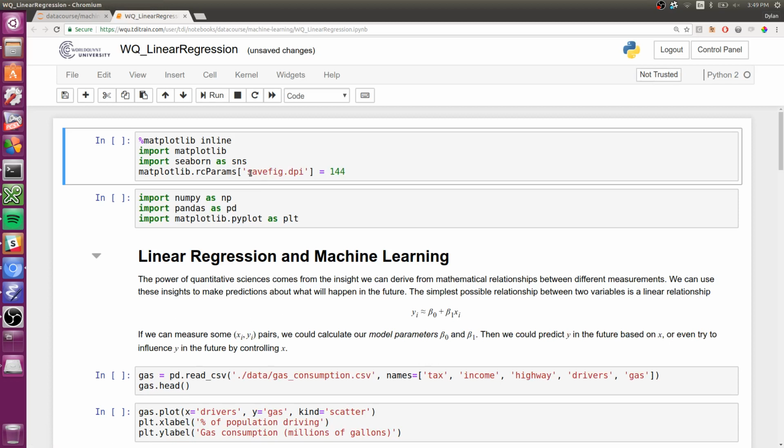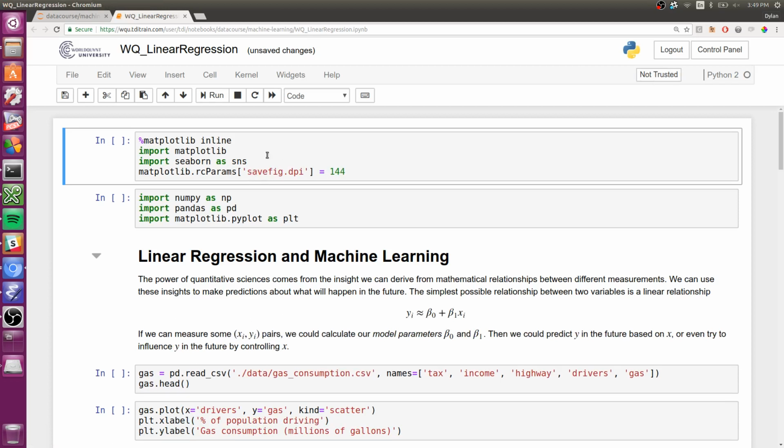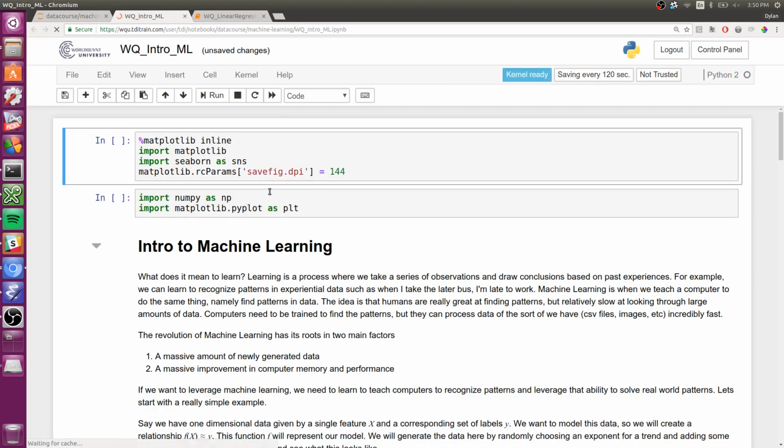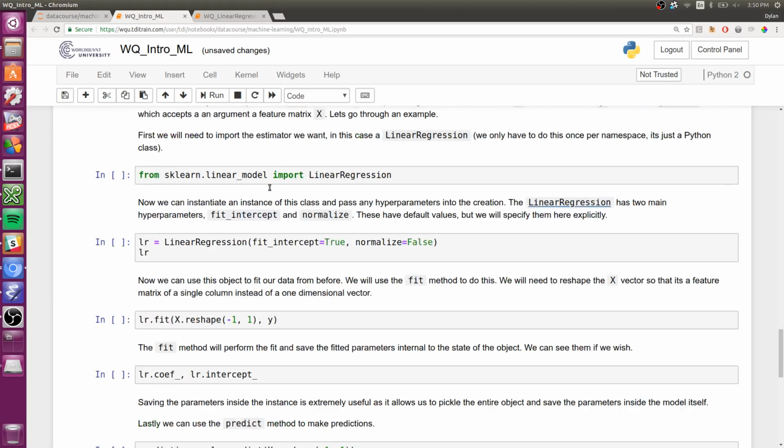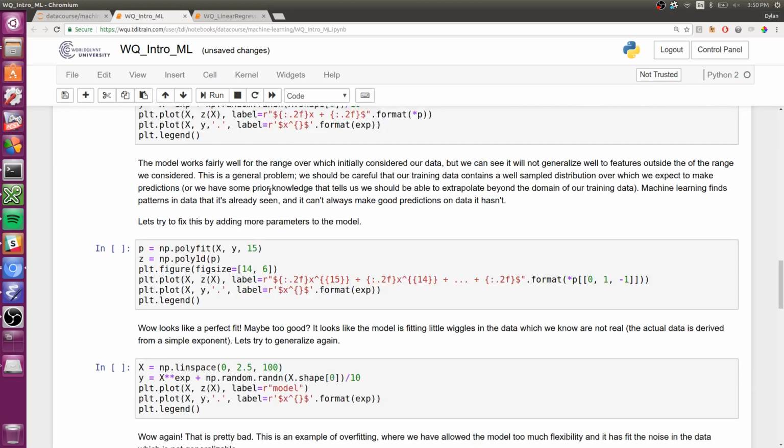So, as Zach outlined in the Introduction to Machine Learning lecture, the basic scheme for any supervised machine learning problem is, let's see here.